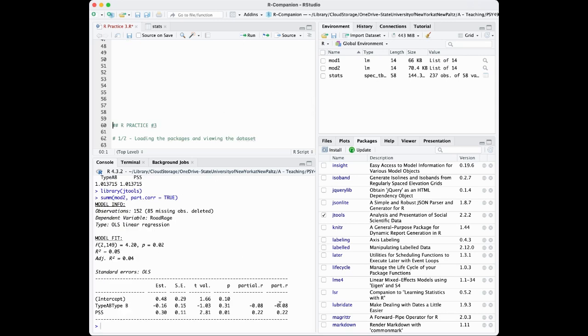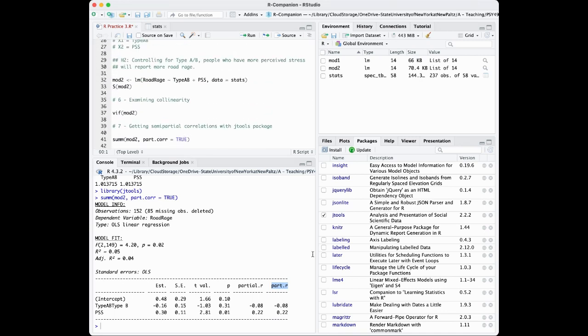So what we can see here is the semi-partial correlations, which remember in the previous video I mentioned is also called part correlations. So remember, semi-partial correlation is the same thing as a part correlation.